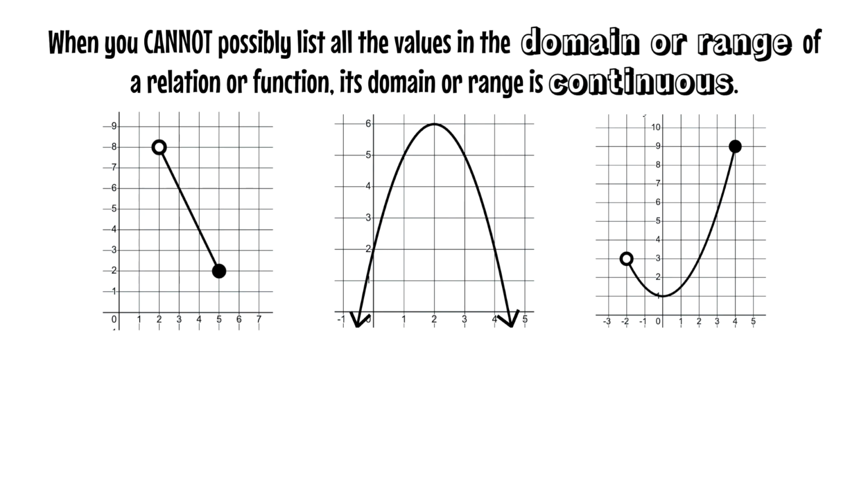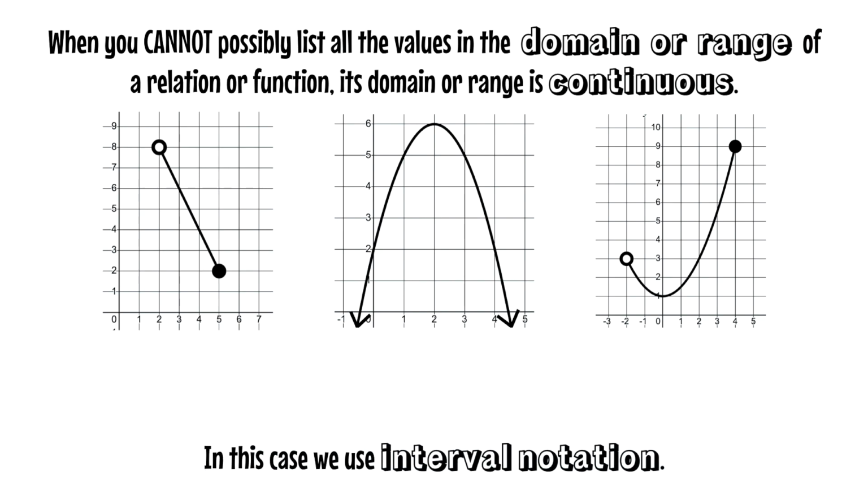In these graphs, notice that it is not possible to list all the values because in between the points or the ends of the graph, there are infinitely many points included in both the domain and the range of these graphs. Because of this, we will use interval notation.